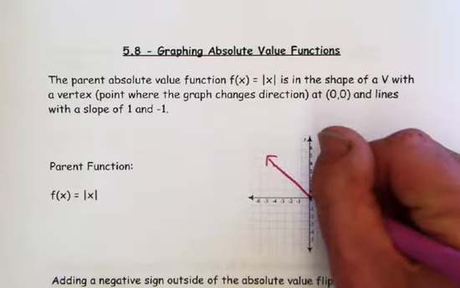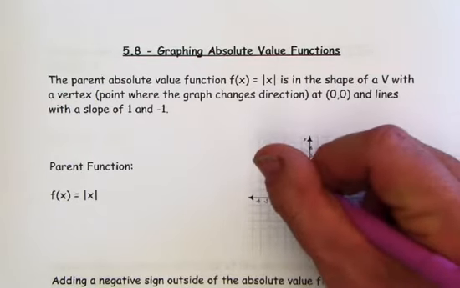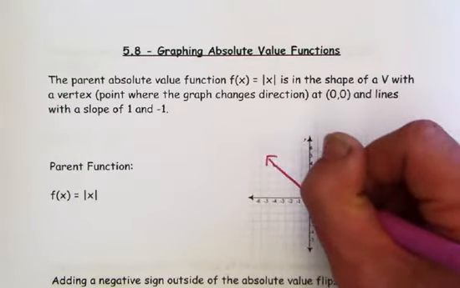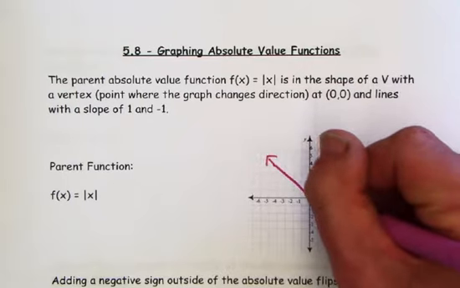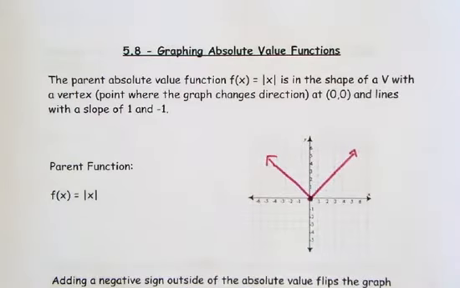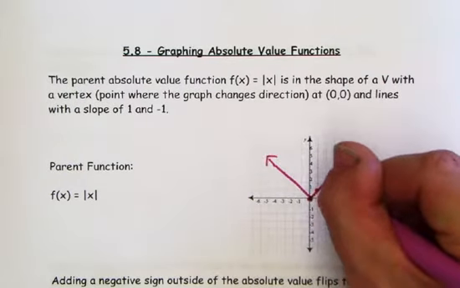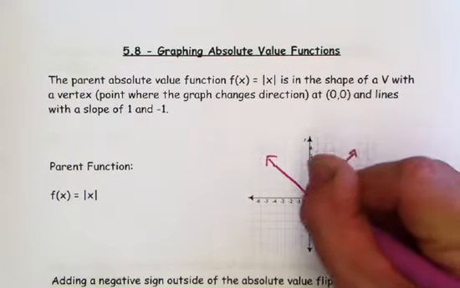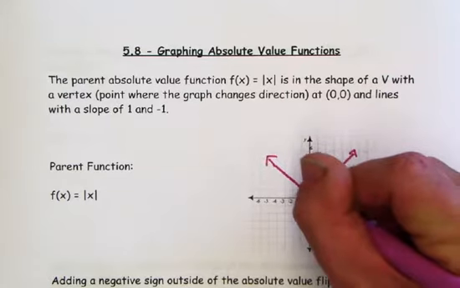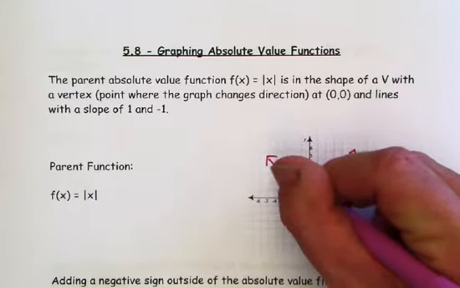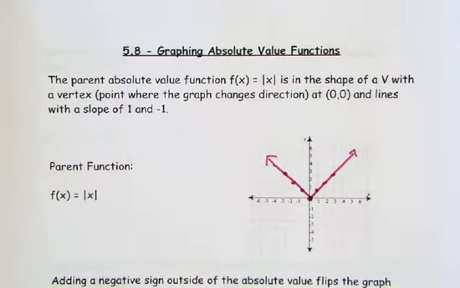Negative 1, down 1, over 1, down 1, over 1. This is the vertex. Okay? So all you had to do to graph that was start at 0, 0, which is where the vertex is, and then follow those lines, positive 1, up 1, over 1, both ways.